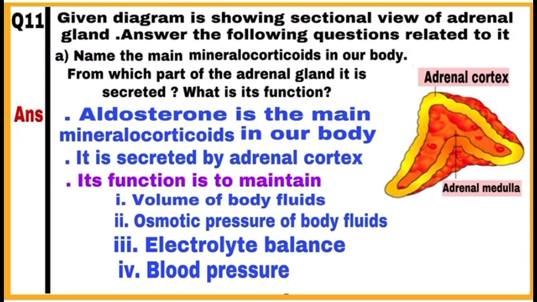Main mineralocorticoid in our body is aldosterone जो adrenal cortex region से secrete होता है। Its function is to maintain number 1 volume of body fluids, number 2 osmotic pressure of body fluids, number 3 electrolyte balance, and number 4 blood pressure.